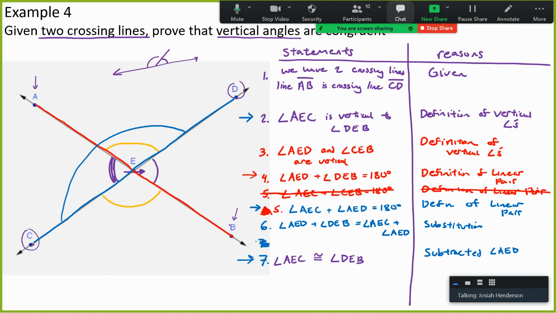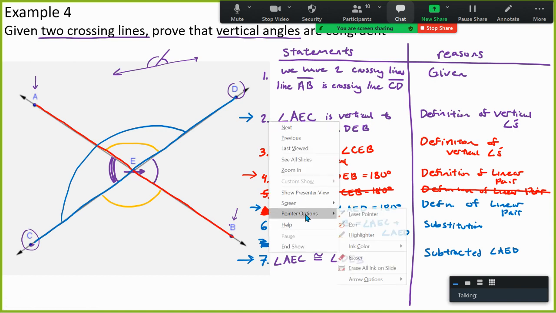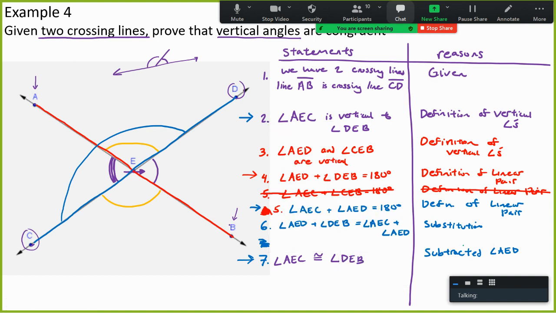We did it by showing 2 linear pairs using first this green linear pair, so the purple and the yellow that made up the green angle, and then we have a crossover with the blue linear pair, the purple and yellow that are making the blue, and we subtracted out from both sides that yellow angle AED.